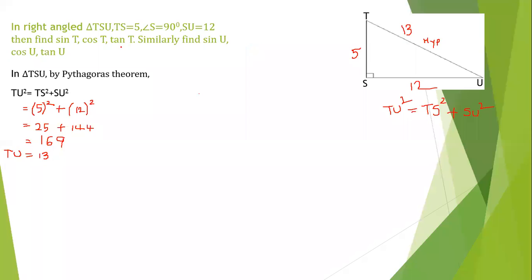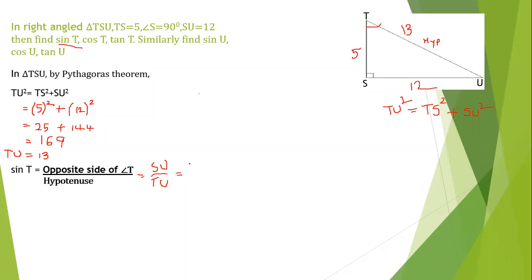Right? Now let us find the first one, sine t. So we will write the formula of sine t, that is opposite side of angle t upon hypotenuse. Now look at the figure. Where is angle t? Here it is, right? Now which side is opposite to angle t? It is SU. So we will write here SU upon hypotenuse is TU is equal to, we will write the values also.